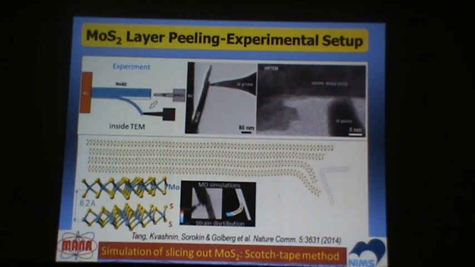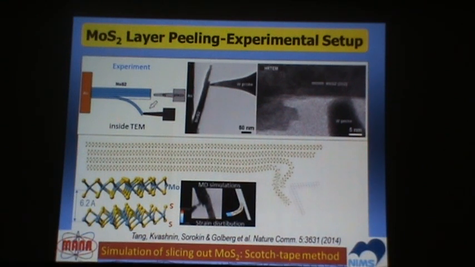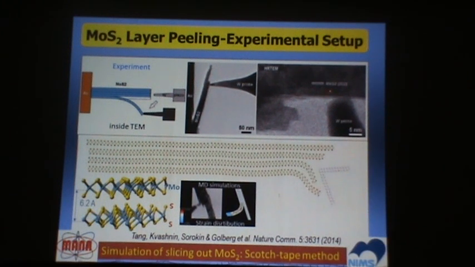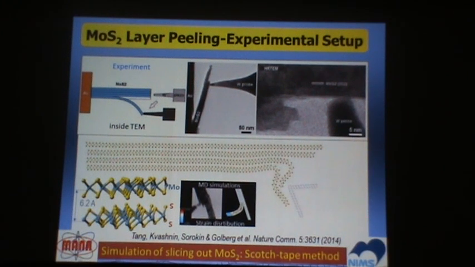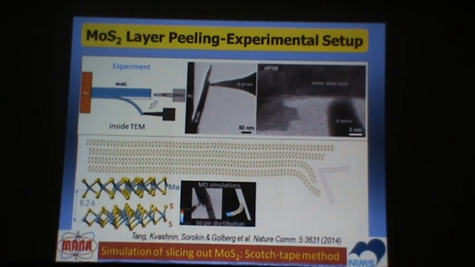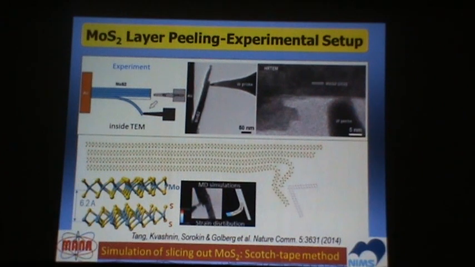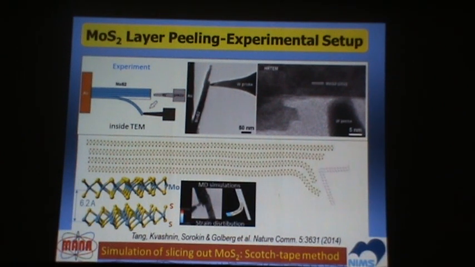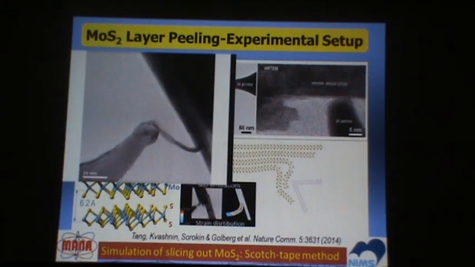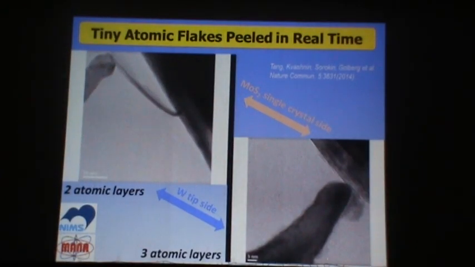We can chemically etch this tip down to a very small diameter, and then we use molybdenum disulfide as a model crystal, because molybdenum disulfide quite often has some atomic steps on the surface. These atomic steps we can use as hooks, and we can peel off individual molybdenum disulfide layers from the crystal.